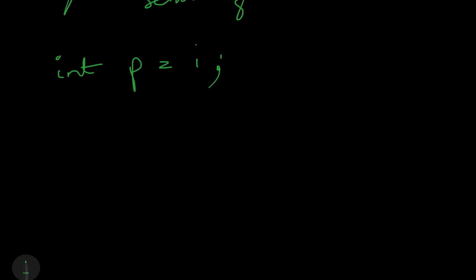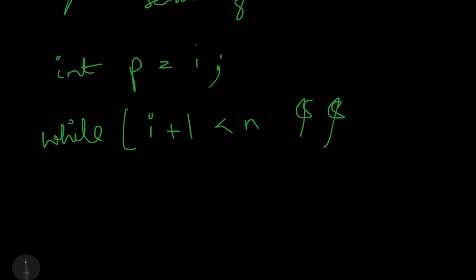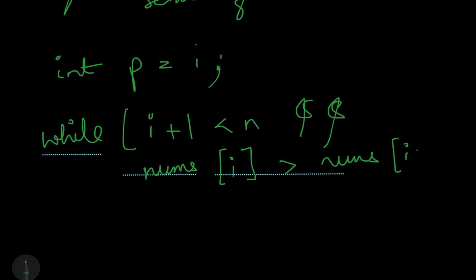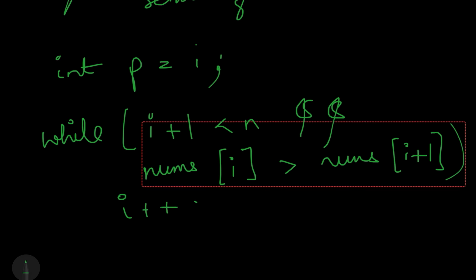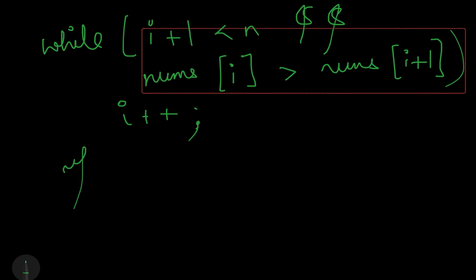Then we'll see the down phase: while I plus 1 is less than n, and now we have to check strictly decreasing, nums of I is greater than nums of I plus 1, and we'll increase the I.